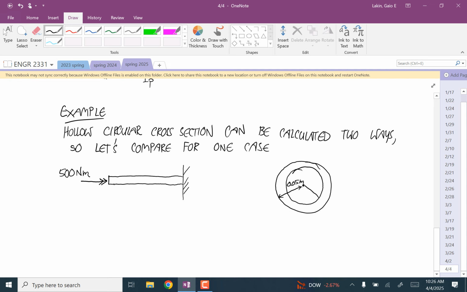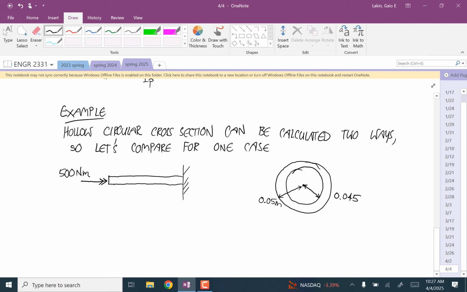And then the inner radius, let's do it for a tenth, so a tenth would be 0.045.